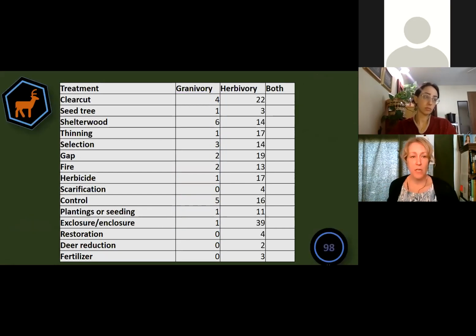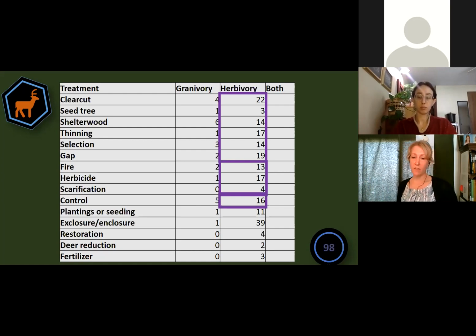Next, for herbivory, all 6 overstory treatments were done, but as you can see, there's a pattern. There's not many studies done on seed trees, which is where you leave just a handful of trees per acre to seed the next generation. And then 3 of the understory treatments were looked at in these studies, with scarification being noticeably lower than fire, which are controlled burns, or herbicide spraying for unwanted vegetation.